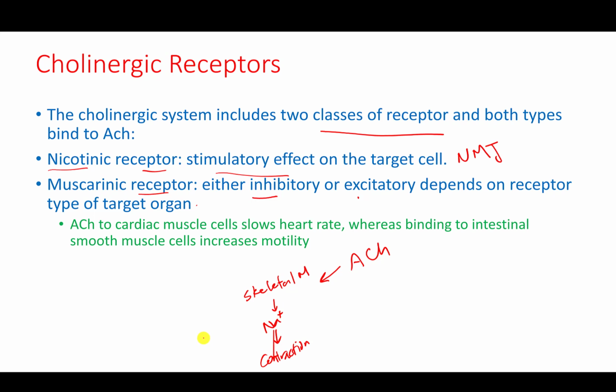So this is a stimulatory effect. Whereas the same ACH on the cardiac muscle would open the potassium gate, and this will cause relaxation in the cardiac muscle, which is an inhibitory effect. The same ACH. So it depends on the receptor.